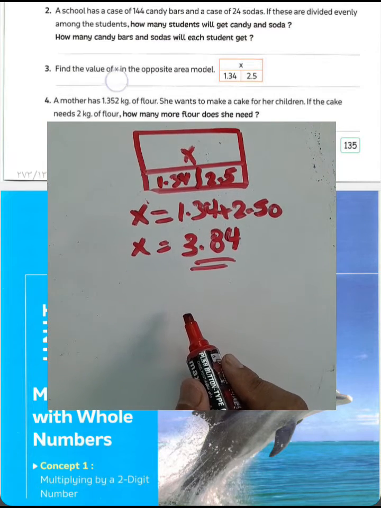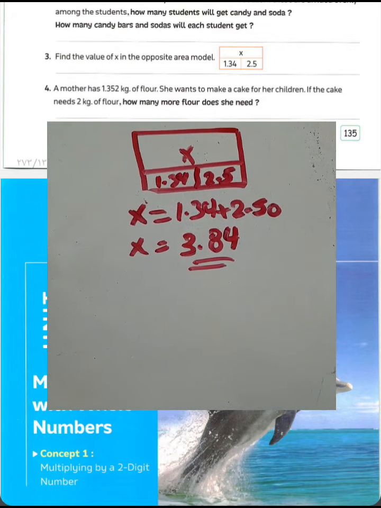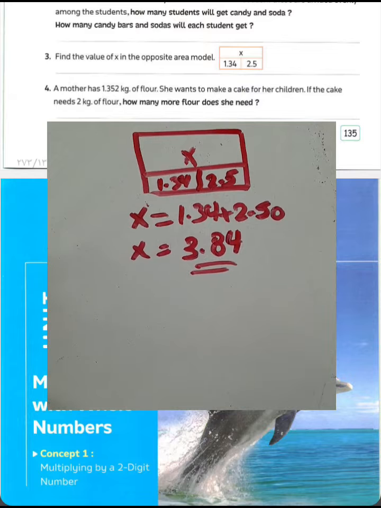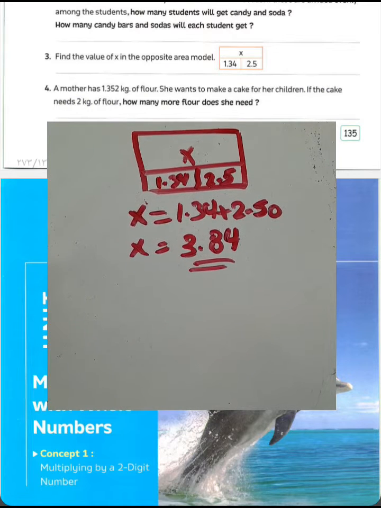Okay, now we will solve question number 4. Mother has 1.352 kilograms of flour, and she wants to make a cake for her children. If the cake needs 2 kilograms of flour, how much more flour does she need?